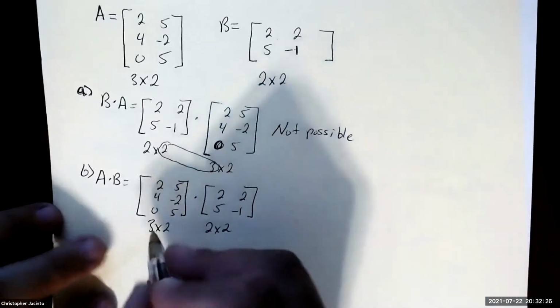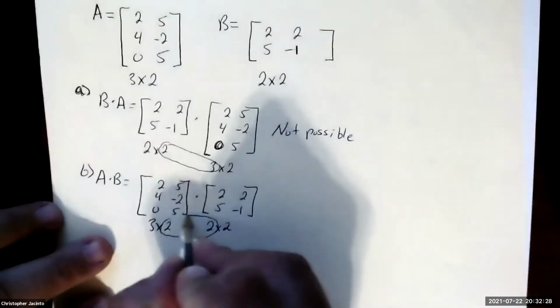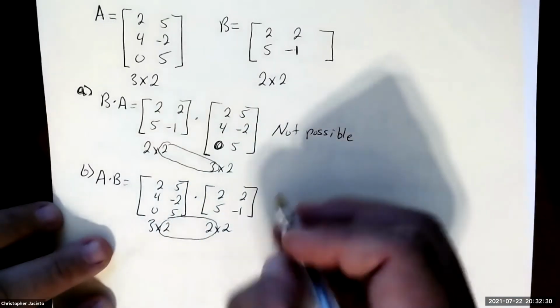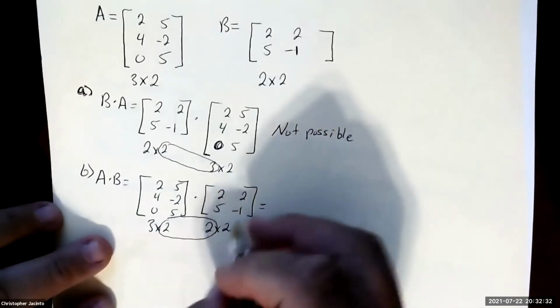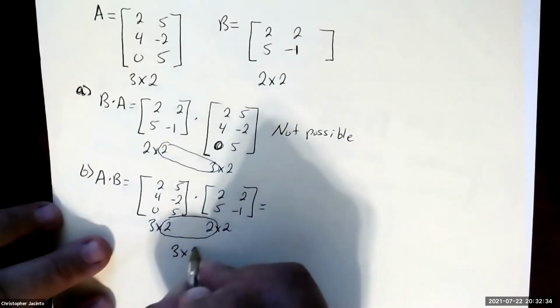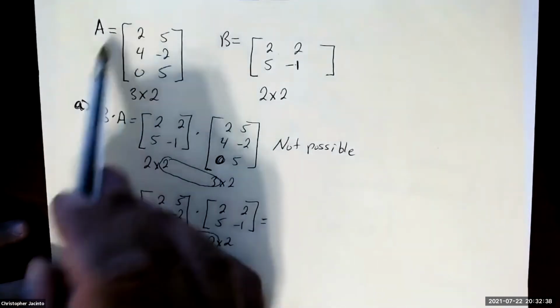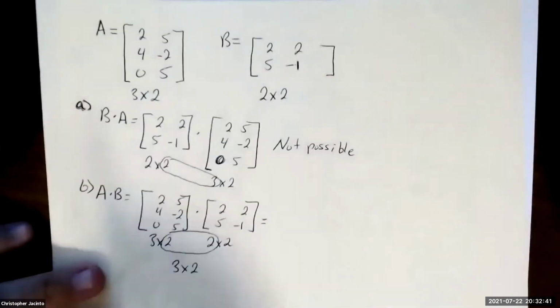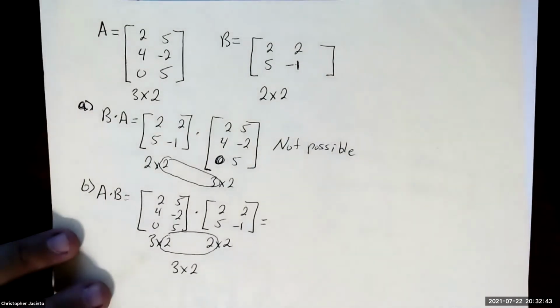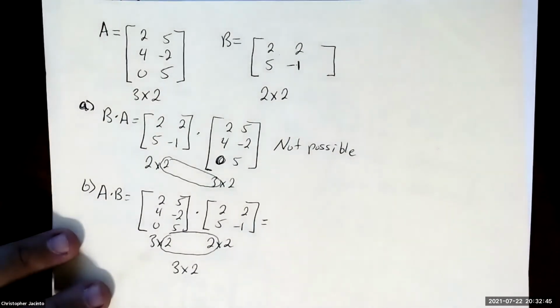Yes. Yep. So again, the easiest way, if I just circle these and make sure they're the same number. So yeah, it is. Which means we know the resulting matrix is going to be a 3 by 2 matrix. So I'm going to have 3 rows by 2. So essentially, kind of like this. That's what's going to happen when it comes to it. So a little different than a 2 by 2, right? So how are we going to get these numbers out when it comes to it?